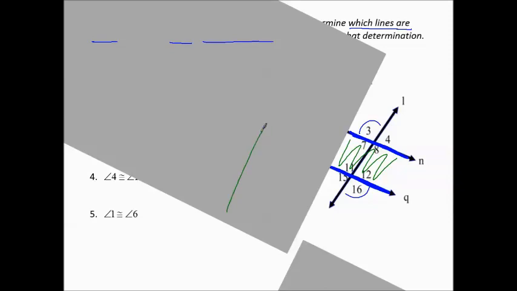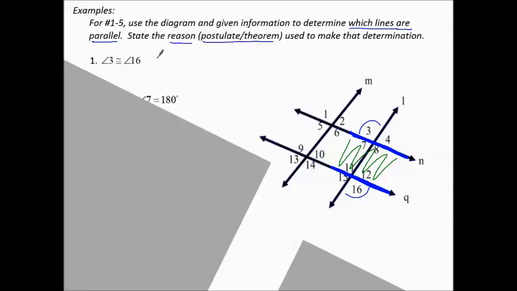Let's take a moment to write that down, that these are alternate exterior angles. Now, alternate exterior angles are supposed to be congruent when the lines are parallel. So these two lines, N and Q, will be parallel since alternate exterior angles are congruent.